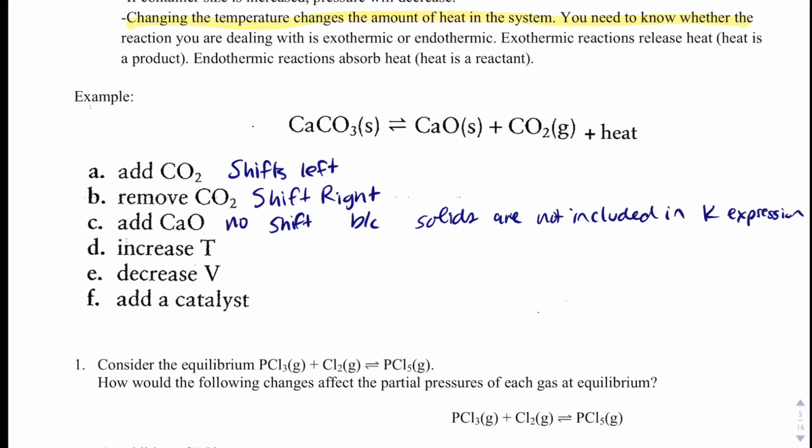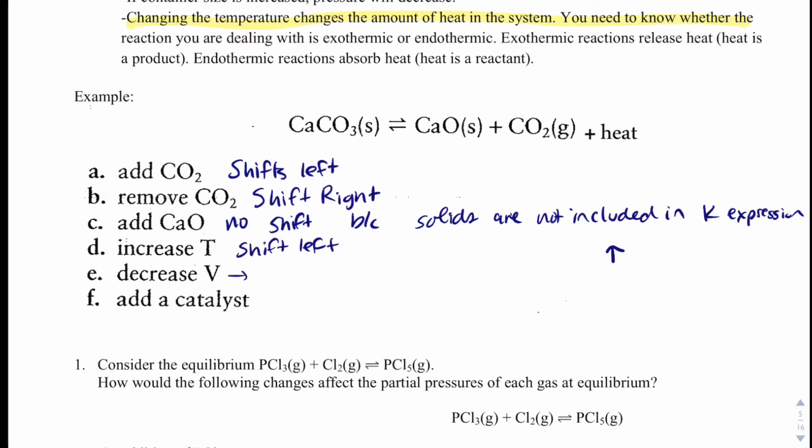If we increase temperature, I know temperature is not included in our K expression, but our K value is actually only dependent upon temperature. We change temperature, and that changes our K value. If we have too much heat, the reaction needs to consume some heat. If we go left, the reaction will consume some heat in addition to calcium oxide and carbon dioxide. Okay, so we would shift left.